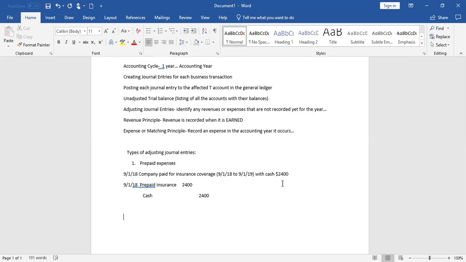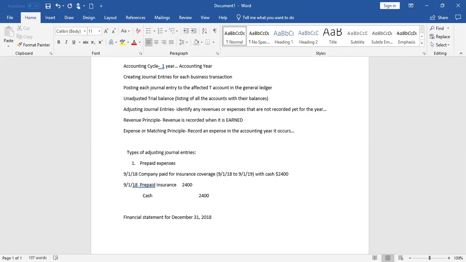In our illustrations here, we're going to assume the company uses a calendar year, okay? So we've been doing our accounting cycle for the accounting year 2018. We are now getting ready to do a financial statement for December 31st, 2018. Well, once we say we're getting ready to do a financial statement, we go, whoa, wait a second.